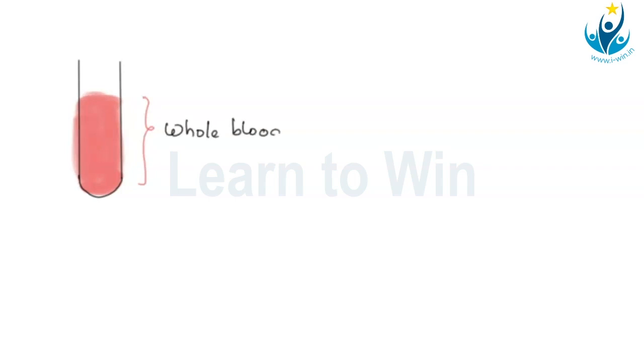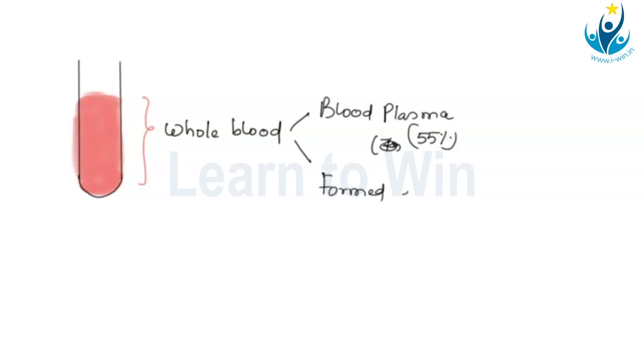Now this whole blood contains two things. It contains the blood plasma in about 55%, and it also contains the cells, or the formed elements as we call them, in the other 45%.